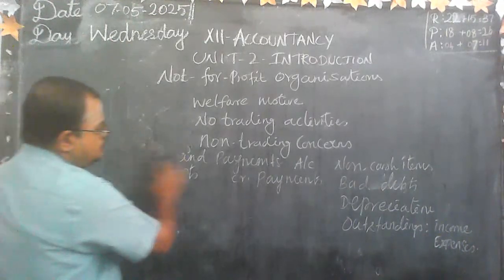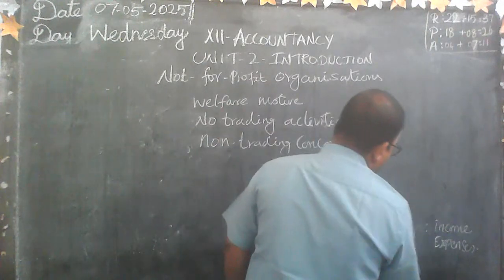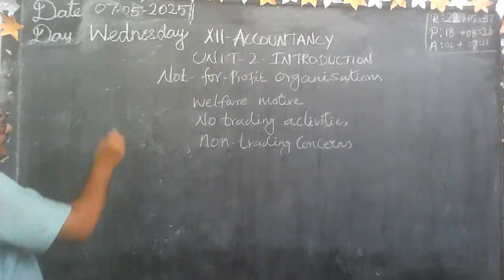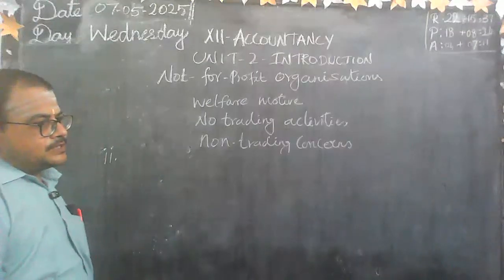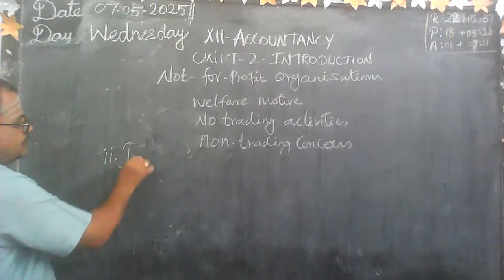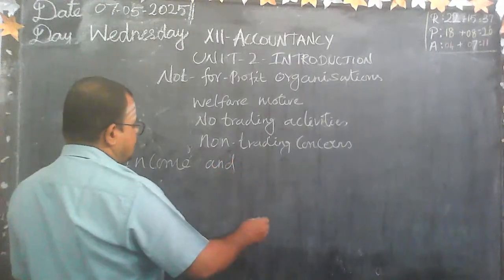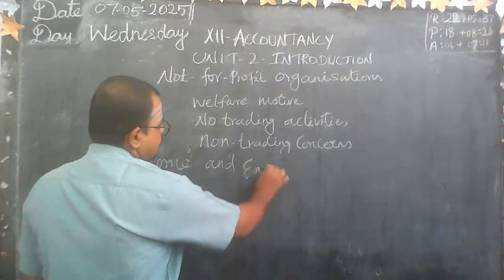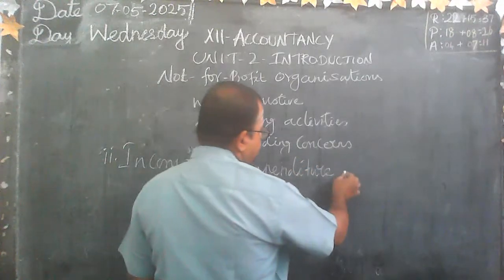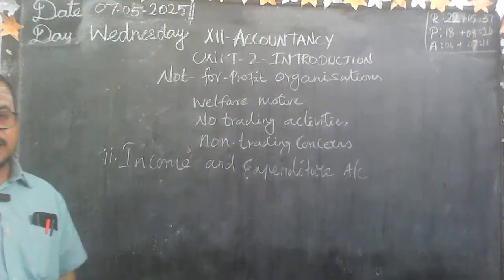Income and expenditure account is similarly known as profit and loss account. It is similar to profit and loss account. So the second account a not-for-profit organization prepares is the income and expenditure account. This account records the expenditures at the debit side and the incomes at the credit side.